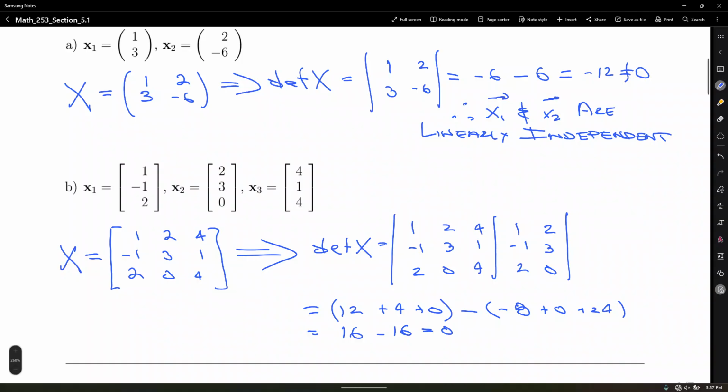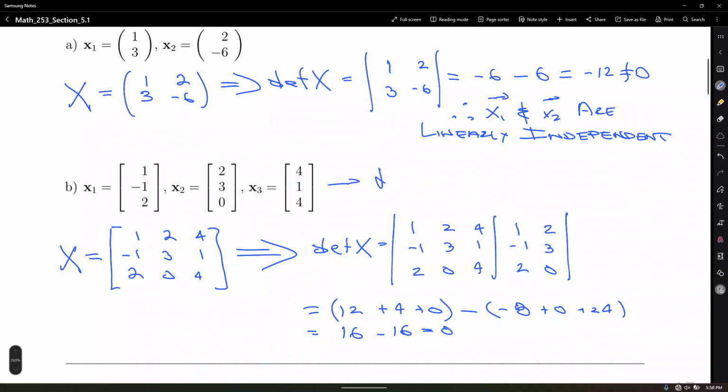Another way to see it is that we can find a way to express x1 as a combination of x2 and x3. Maybe we can find a way to express vector number 2 as a combination of vectors 1 and 3. Or we can find a way to express vector 3 as a combination of vectors 1 and 2. That's what it means. All right.